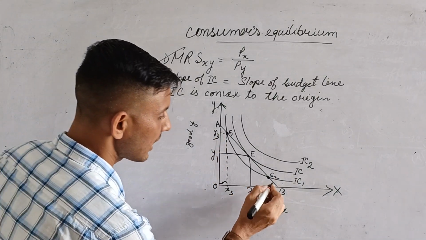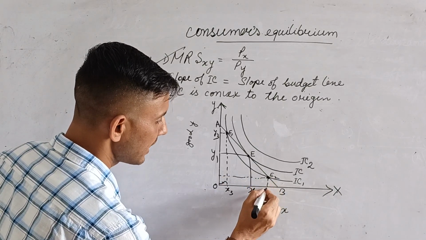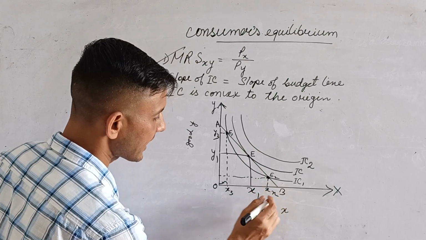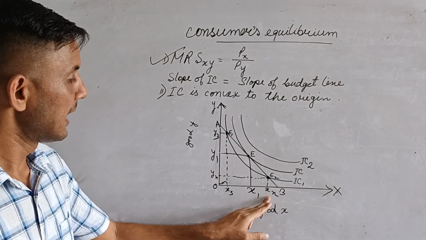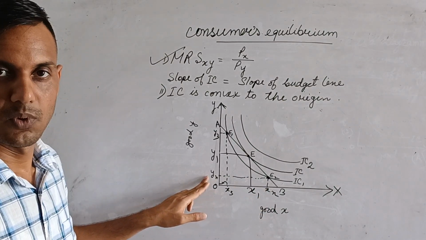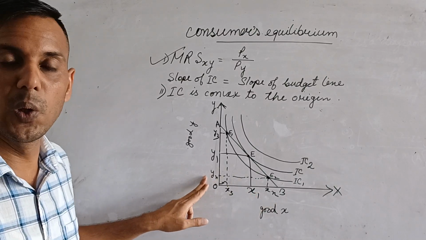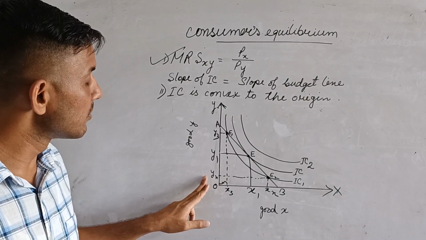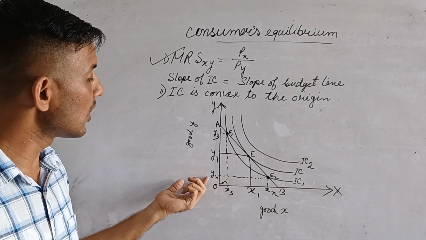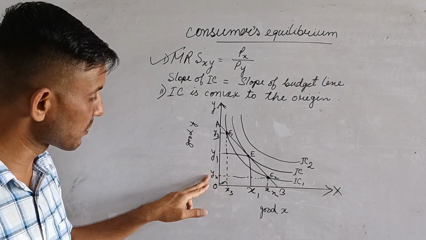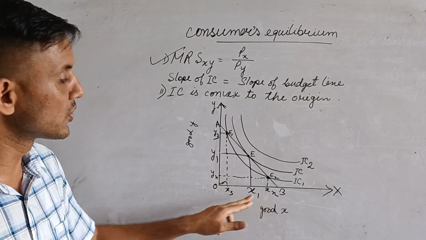Same thing for point E2 also. If you consume at point E2, with Xn here and Yn here, you are consuming more of X and less of Y. So you will try to increase the consumption of Y commodity, because you are consuming very little of it, and you will try to reduce the consumption of X commodity because you are consuming more.